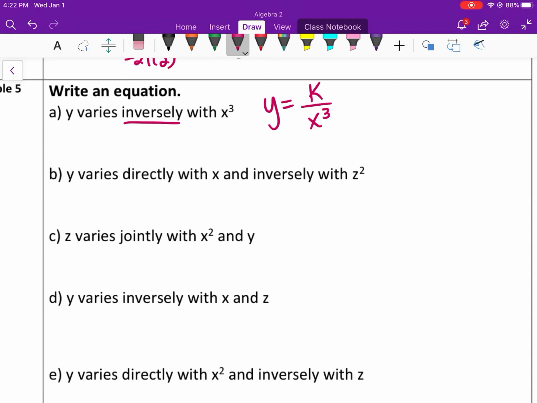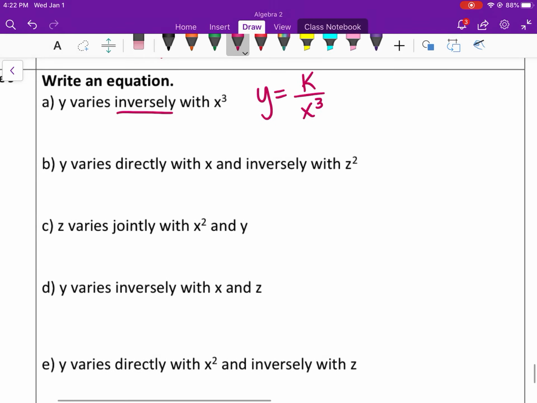Next, y varies directly with x and inversely with z squared. So directly means they're both increasing. Inversely means one's increasing, the other's decreasing. So y varies directly with x, so k times x, but inversely with z squared, so divided by z squared.